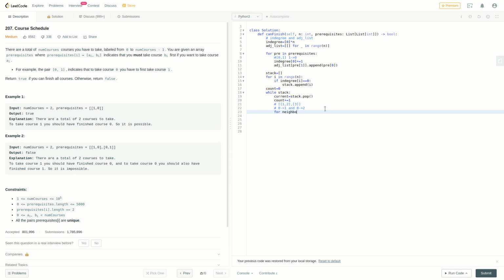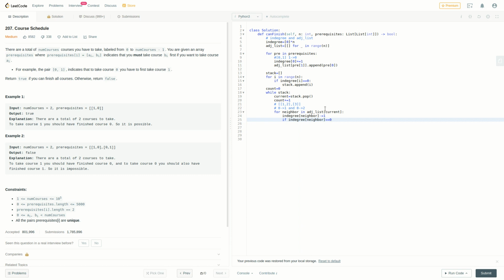So for this, for neighbor of current vertex, in-degree neighbor minus 1, and I will see if the new in-degree value for these neighbors is 0 or not.